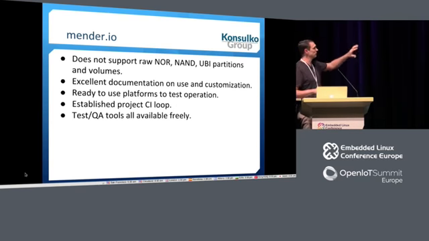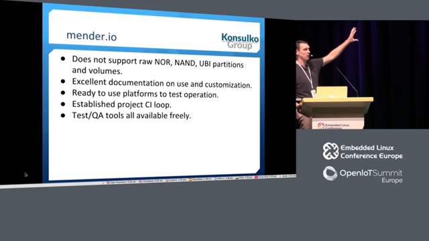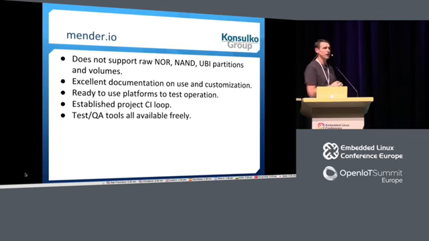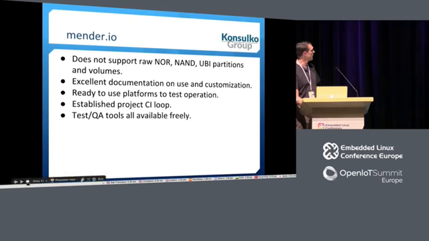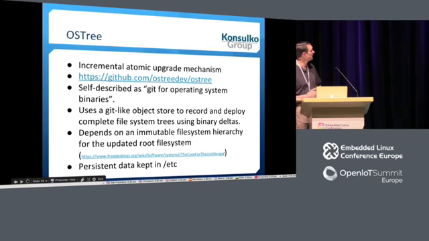So there's a lot more details about all of the requirements on the U-Boot side and the partitions and so forth. So really well done docs. Like I said, there's turnkey platforms that you can try out. And then they actually have a CI loop running for this with their code base. So that's good. And then the test and QA tools that go with that are all out there. So pretty well run project. Seems to have everything to kind of move forward.